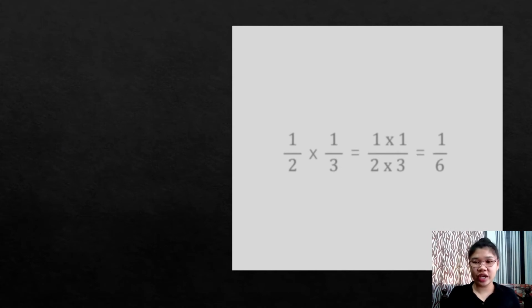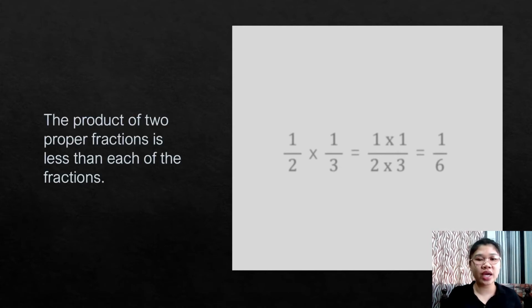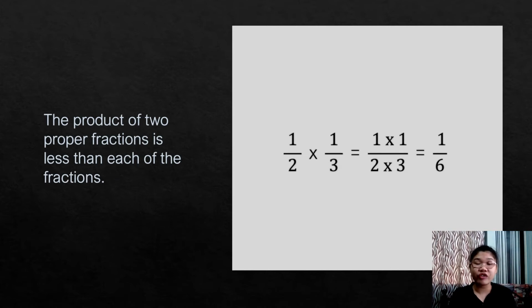Another one that we have here is for the product of fractions: the product of two proper fractions is less than each of the fractions. So again, to visualize it more, we have here an example, 1/2 times 1/3. According to our first rule, we need to multiply the numerators, which are both 1, so 1 times 1 is equal to 1. And then we multiply the denominators, 2 times 3, that is 6. So our answer is 1/6.